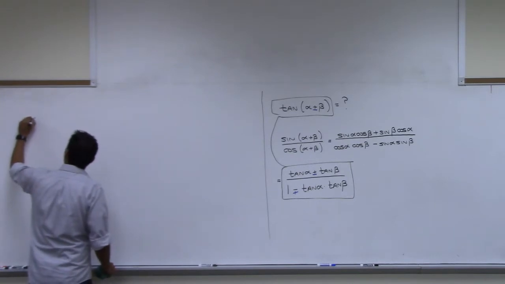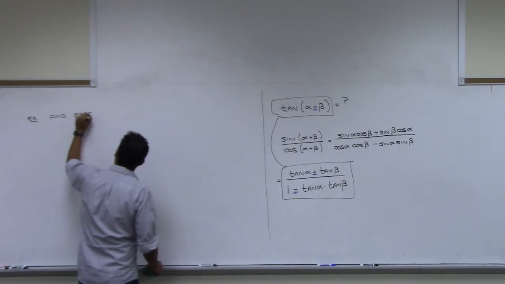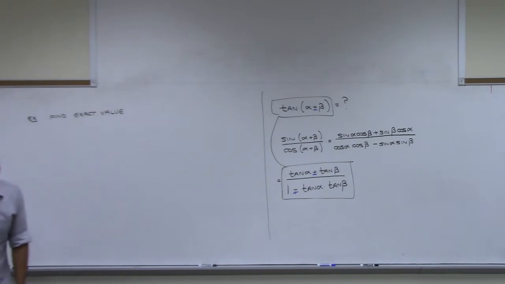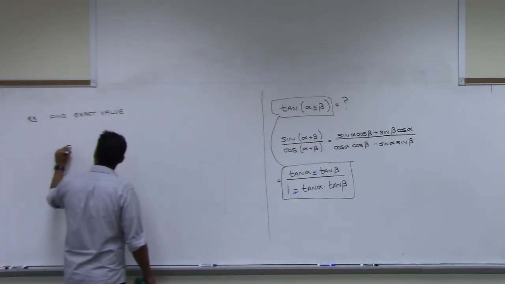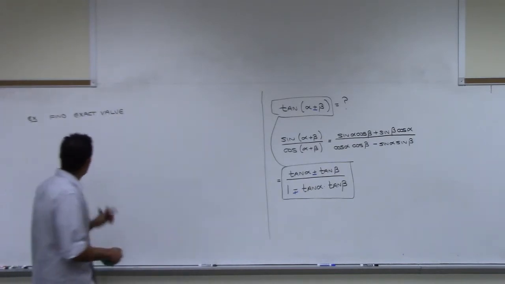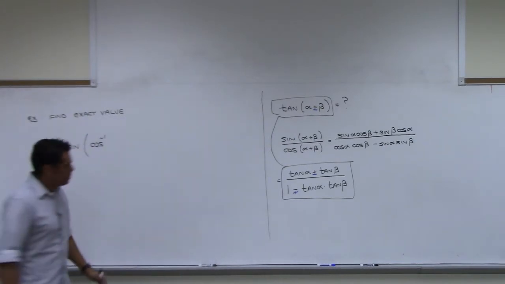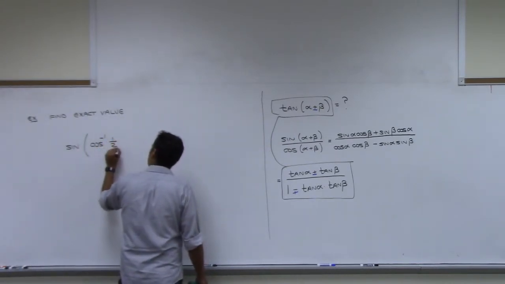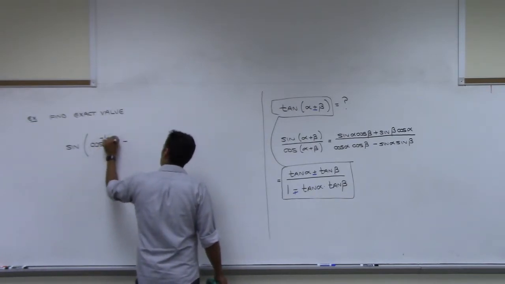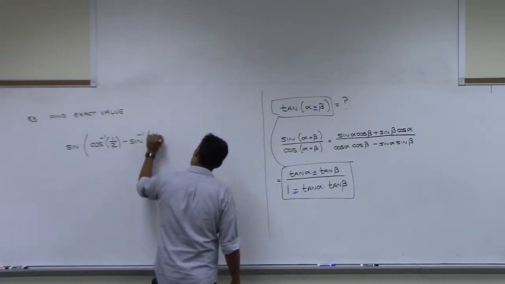Example. Find the exact value of sine of arc cosine of 1/2 minus arc sine of 4/5.